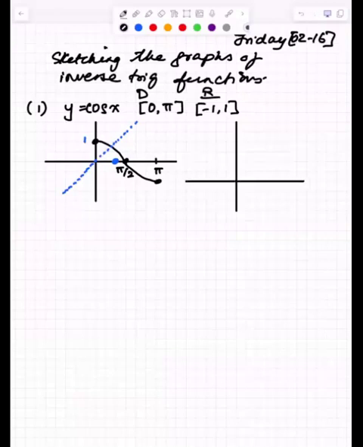So the x that was going from 0 to pi will now be the y, which is going from 0 to pi.